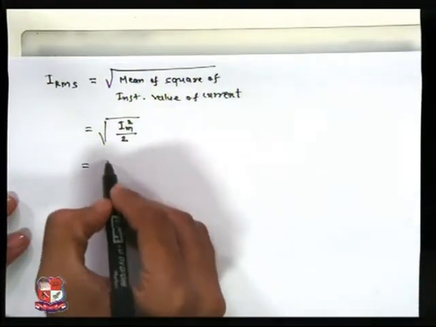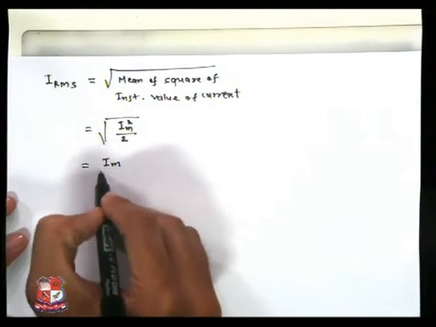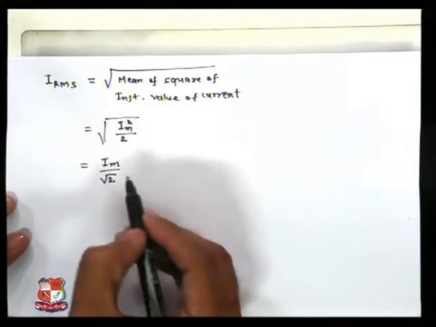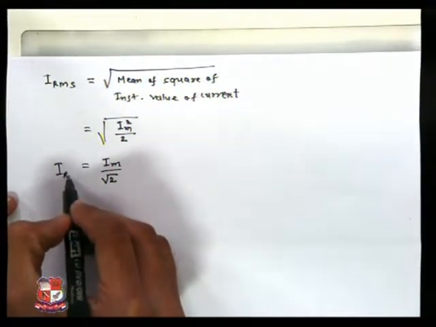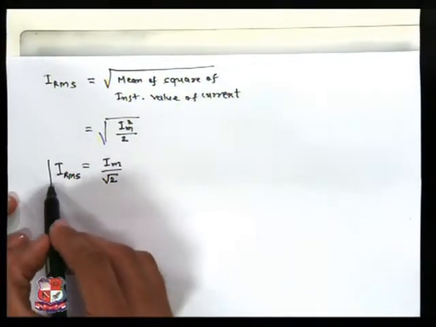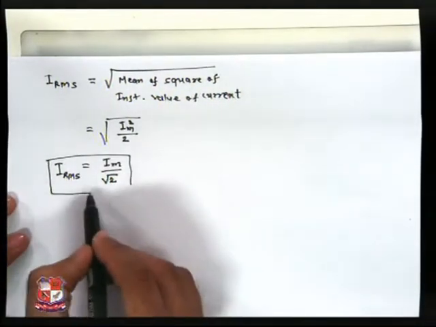So taking out the square root, I get Im upon root 2. I RMS equal to Im upon root 2.